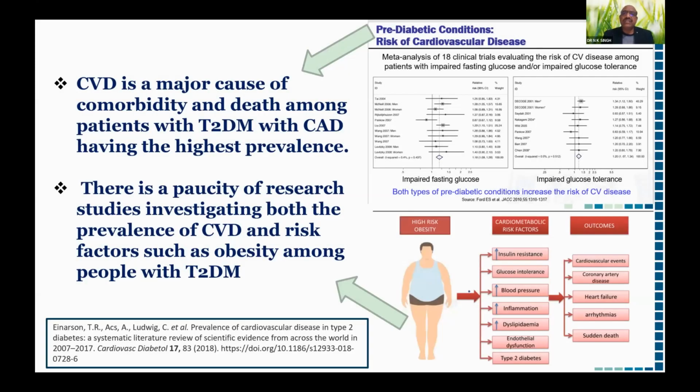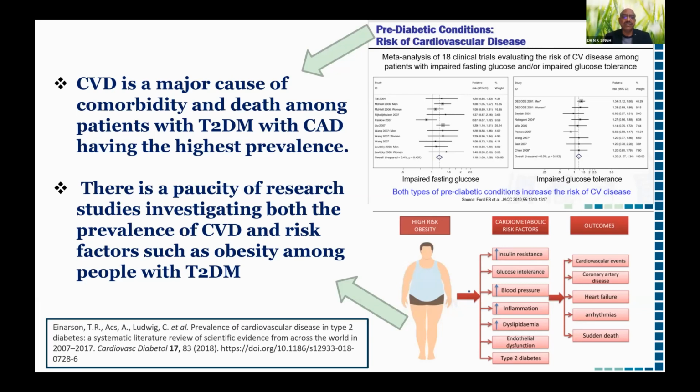It is now a known fact that in the pre-diabetic condition, the risk of cardiovascular disease remains to a great extent. CVD is a major cause of comorbidity and death among patients with type 2 diabetes, with coronary artery disease having the highest prevalence.